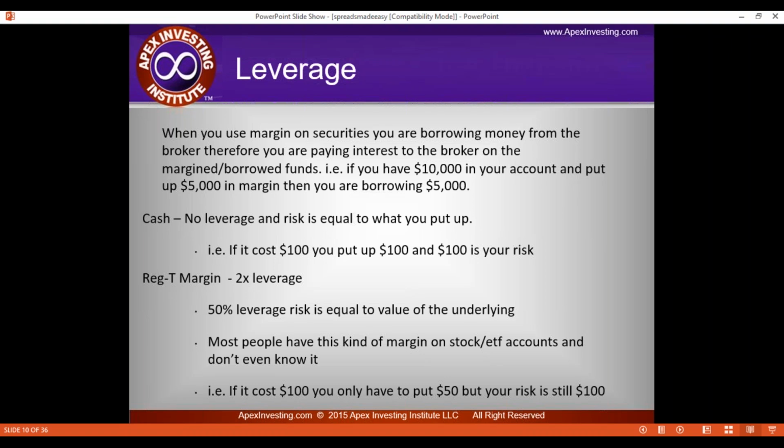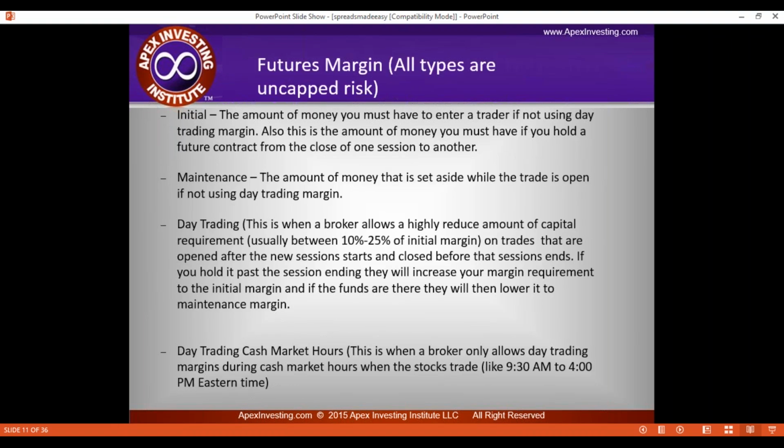You have 50% leverage risk, but the risk is equal to the value of the underlying. Most people have this kind of leverage in their accounts, might not even know it, but if the value of something is $100, you may only have to put up $50 yourself, but the risk is still $100. The risk is still equal to the value of the underlying.